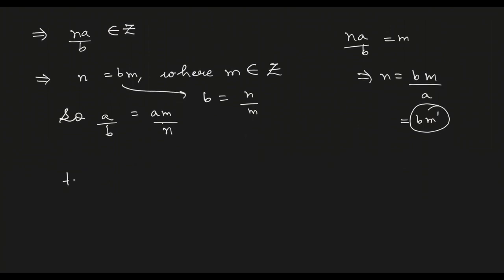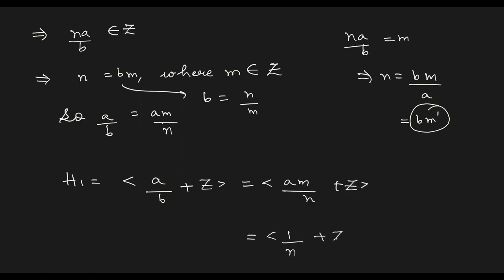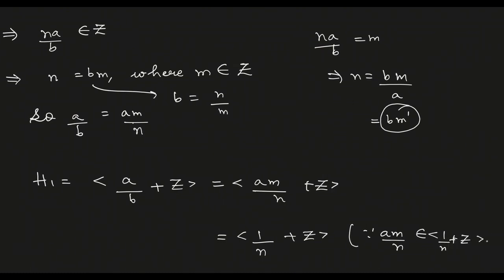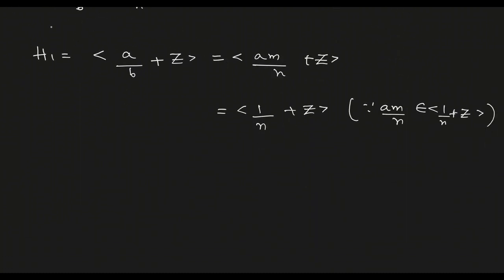So my H1 is generator A by B plus Z. So instead of A by B, I can write AM by N plus Z. So this will be like this only, 1 by N plus Z, because AM by N belongs to 1 by N plus Z. So this means that there is unique subgroup of order n.